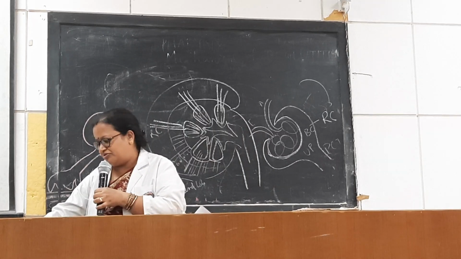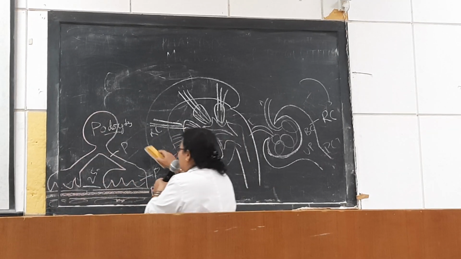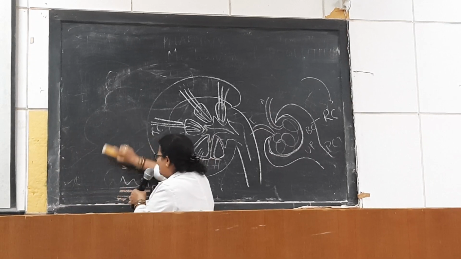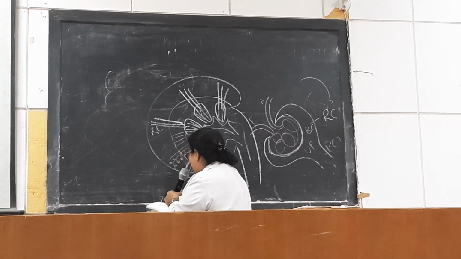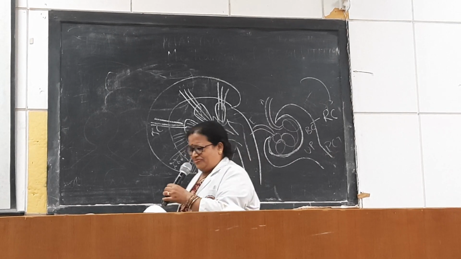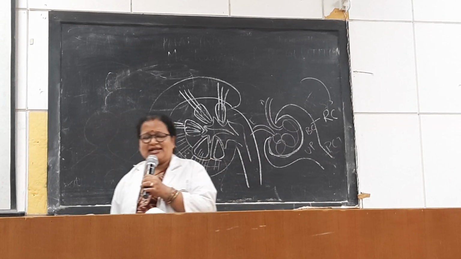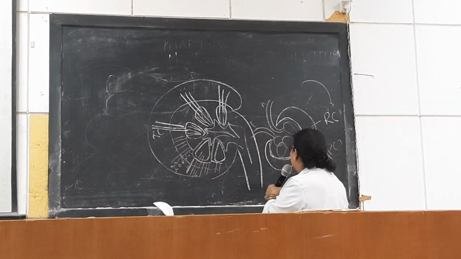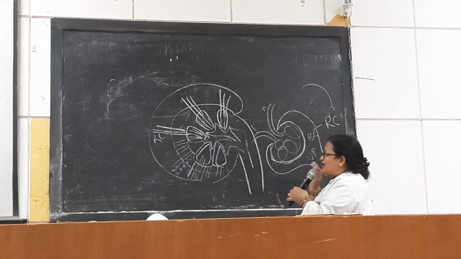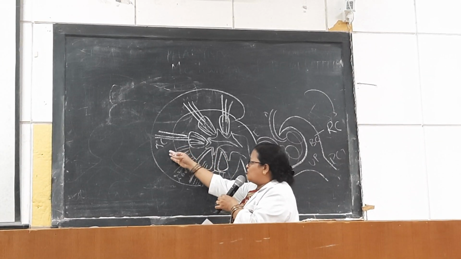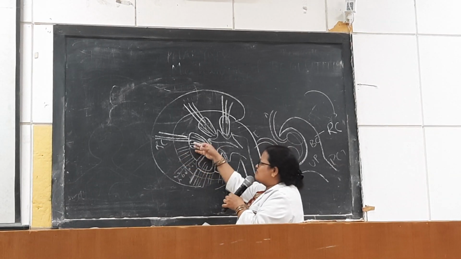So now we will come to the renal tubule. Each nephron, which is the structural and functional unit of the kidney, is formed of the renal corpuscle and renal tubule. Nephrons are of two types, the cortical nephrons and juxtamedullary nephrons.